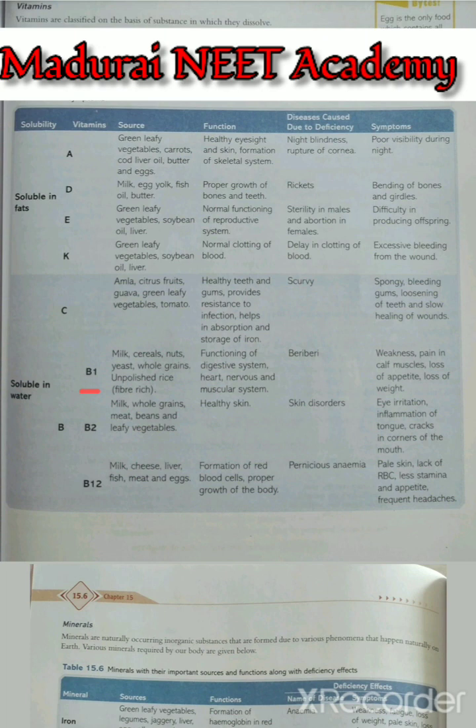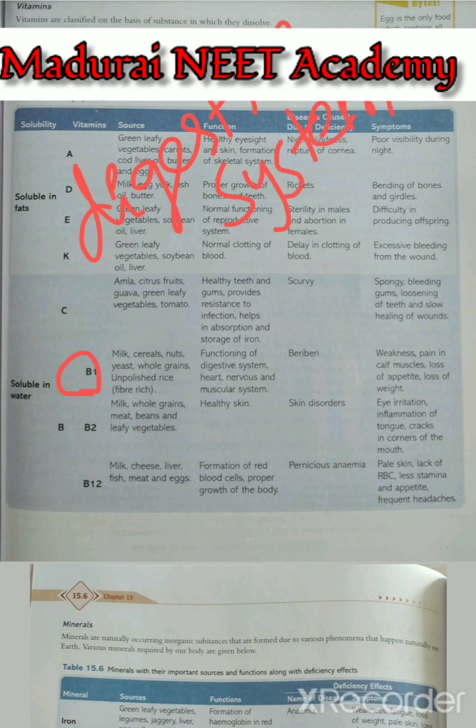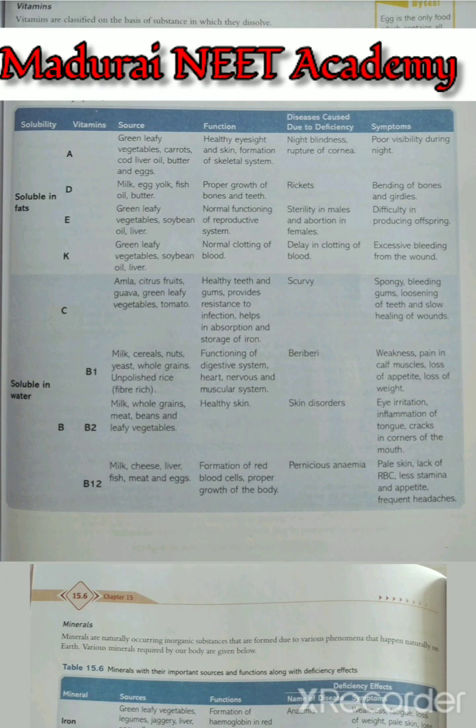Its main purpose is to give good functioning of the digestive system, nervous system, muscular system and heart. For proper functioning of all these four organ systems, B1 is necessary.